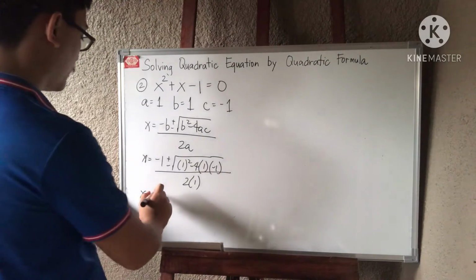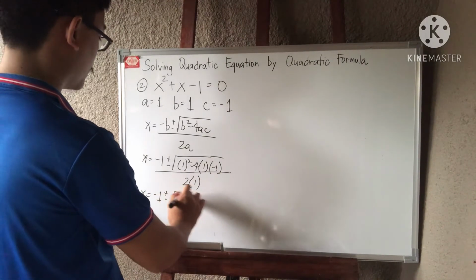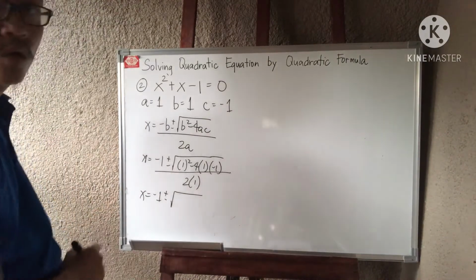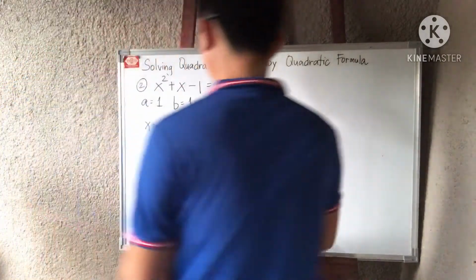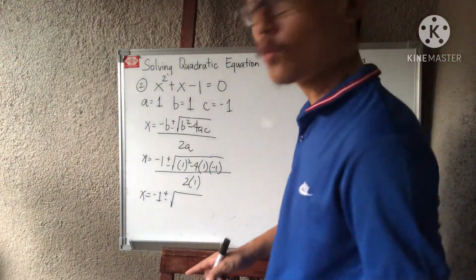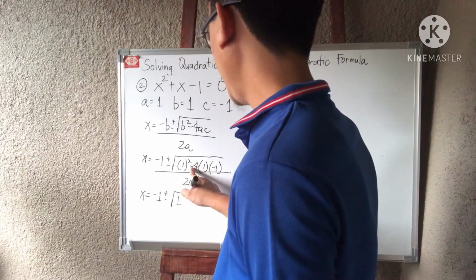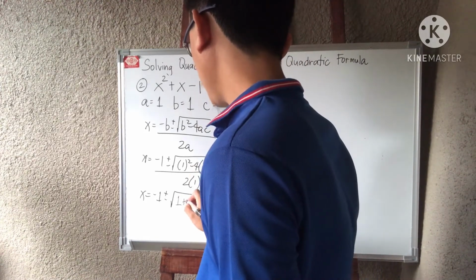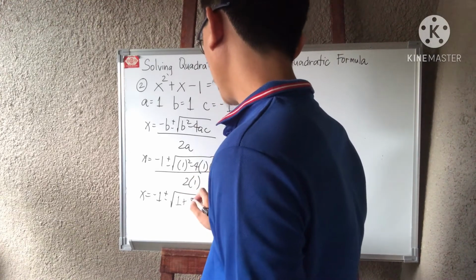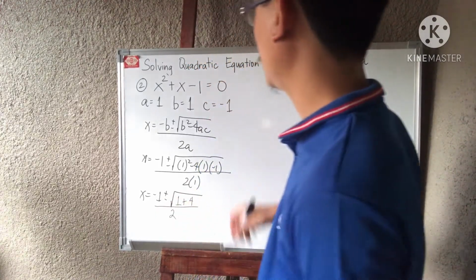Then, simplify natin. So, negative 1 plus minus square root of 1 squared. So, 1 squared is 1. Negative na yun doon. Pag tinimes sa atin diretso, that's positive. 4 times 1 times 1 is 4, all over 2.